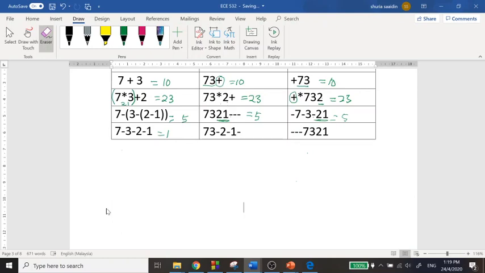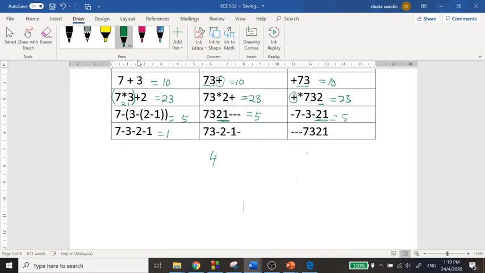And then we found minus. When we found minus, we have to process or do the operation for the previous two operands. The previous two operands are 7, 3. So we do 7 minus 3, equal to 4.